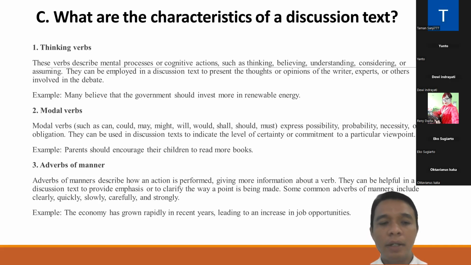And the third one is adverbs of manners. Adverbs of manners describe how an action is performed, giving more information about a verb. They can be helpful in a discussion text to provide emphasis or to clarify the way a point is being made.